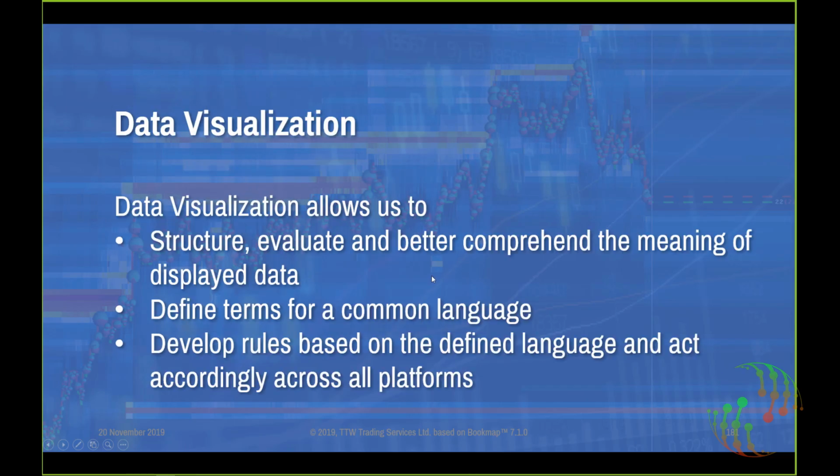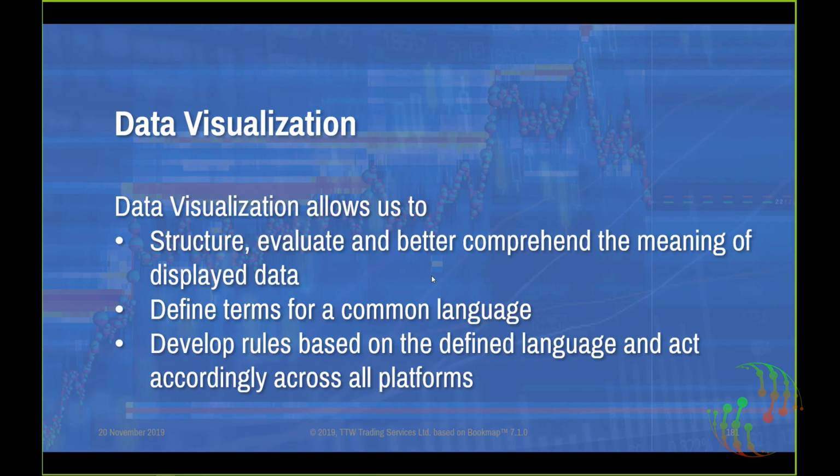I think you agree with me that data visualization makes the trading or the analysis of incoming data easier, especially in trading, as well as in other sciences, for example, weather data analysis.